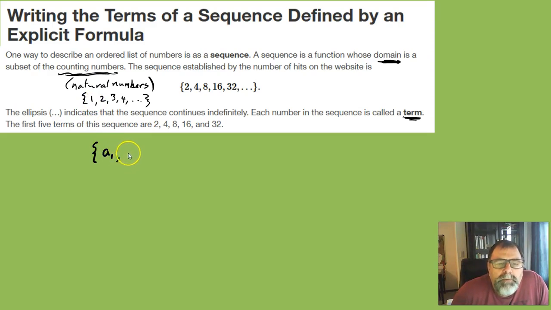So sequence A is equal to A sub 1, A sub 2, A sub 3, A sub 4, and so on. We read A sub 1 as the first term.